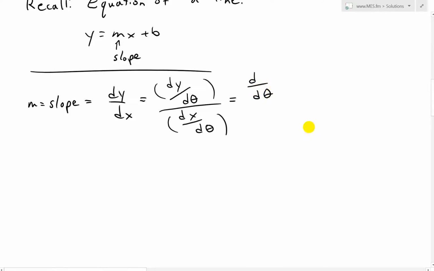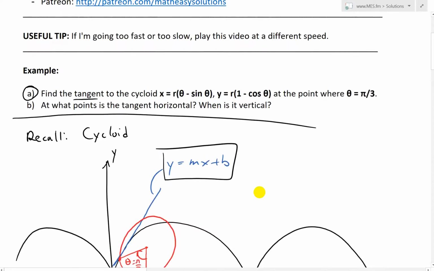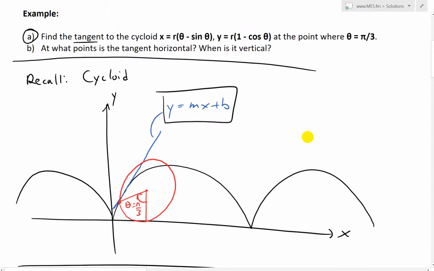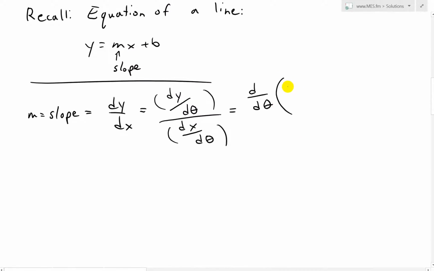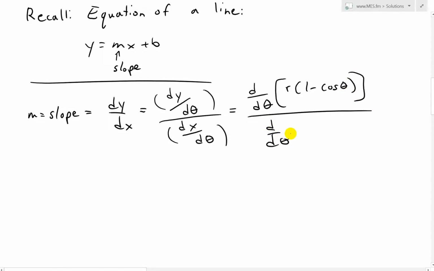So d over d theta of y, which is r times (1 minus cosine theta), goes on top, and on the bottom we have d over d theta of x, which is r times (theta minus sine theta).